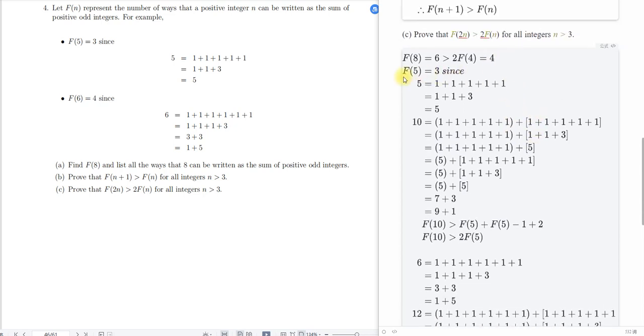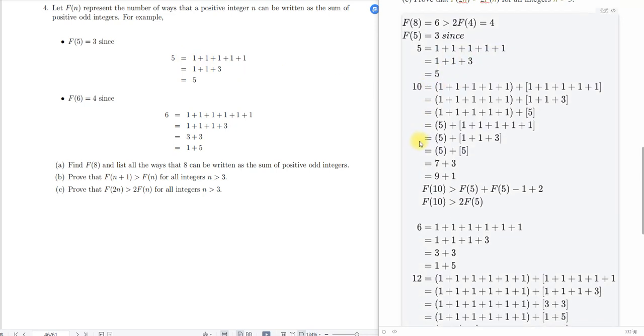So let's see f(5). f(5) equals 3, since 5 equals 1 plus... And we can generate 10. 10 is like this, 1 plus 1 plus 1 plus 1 plus 1 plus 1 plus 1 plus 1 plus 1 plus 1.